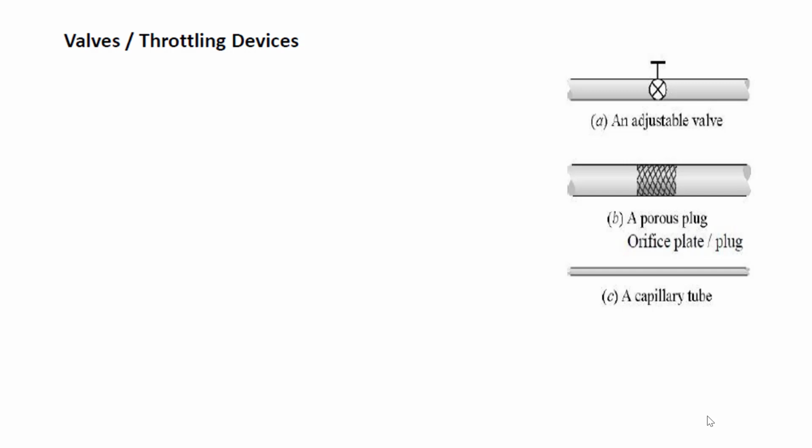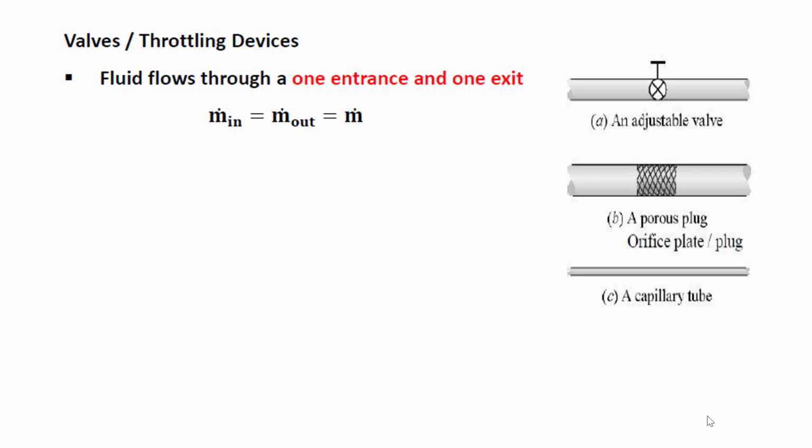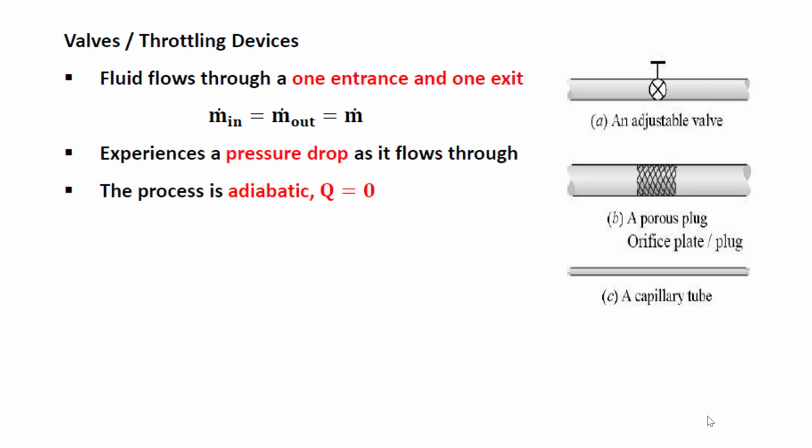Now let's look at the valve or throttling device. This device is a simple device with one entrance and one exit. Since it is also part of the SFEE devices, the mass flow rate is conserved. A fluid that travels through the device will experience a pressure drop.